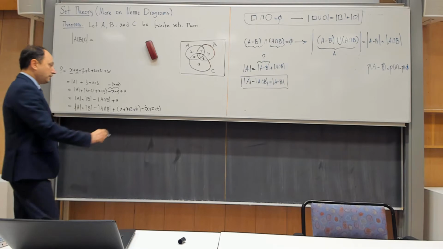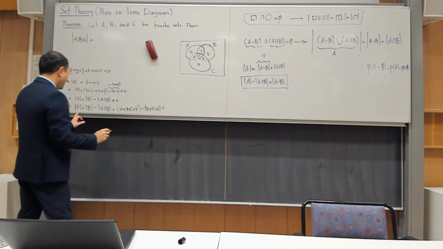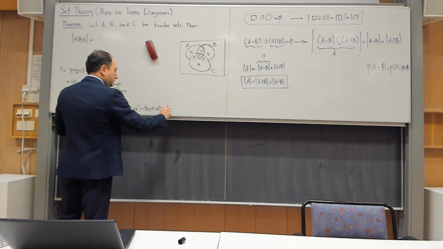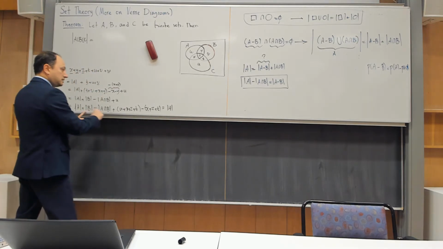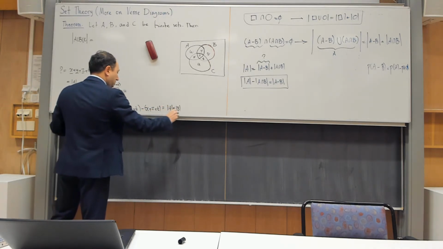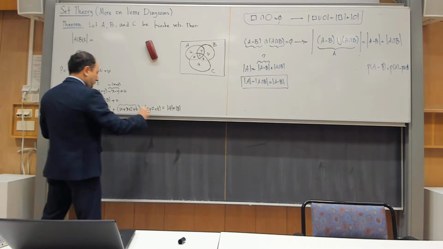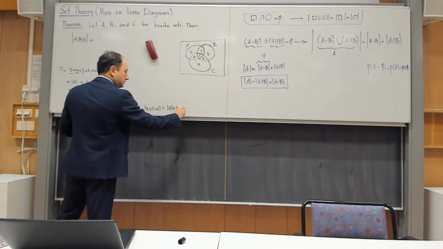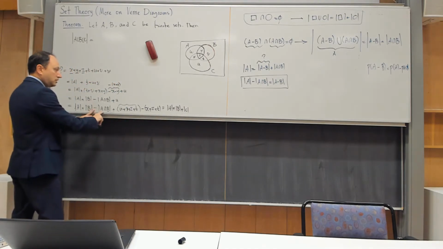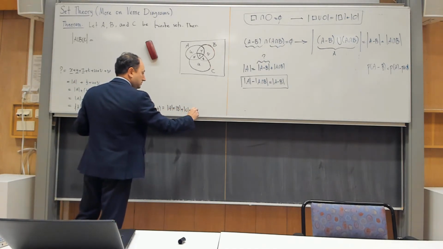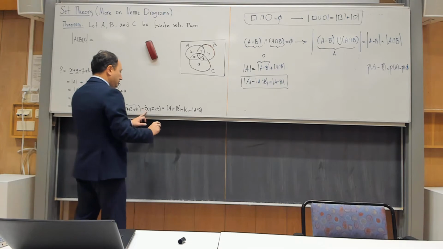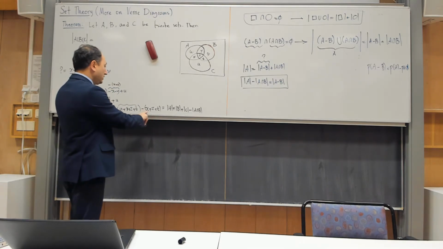Okay, so now if I continue, I have this, and that, so it becomes cardinality of A, cardinality of B. But what is this one? It's cardinality of C with plus sign. And then I have minus cardinality of this. And then, unfortunately, I have this one, but I can organize it in this way.